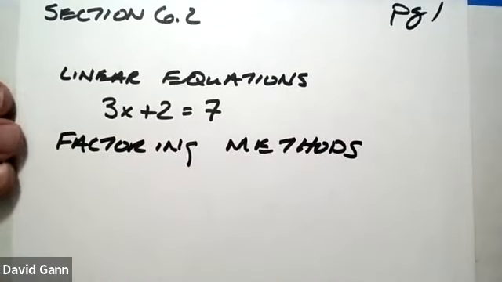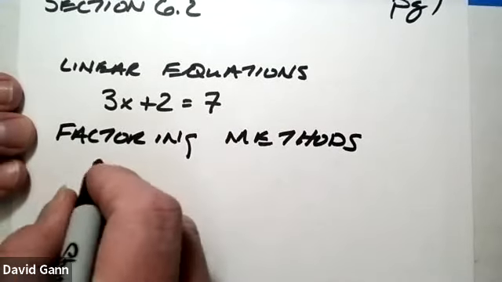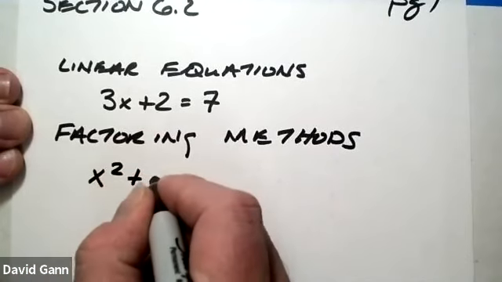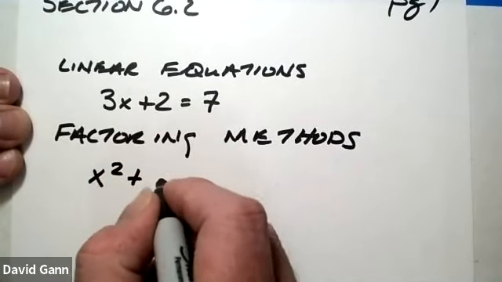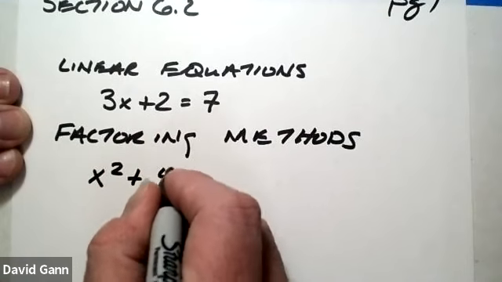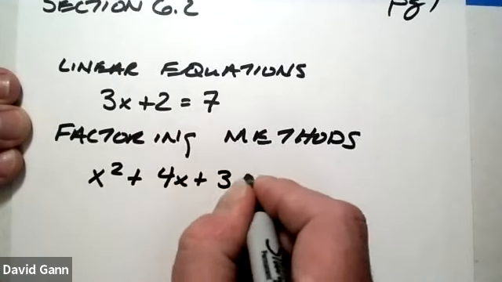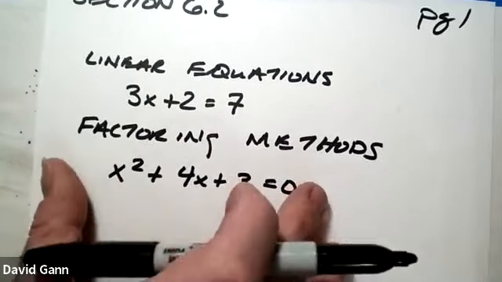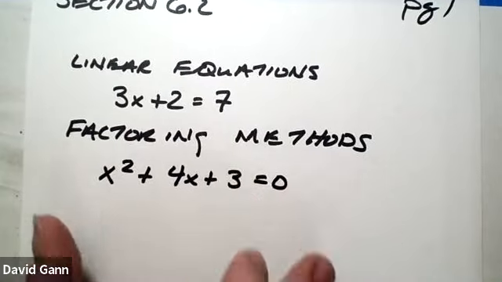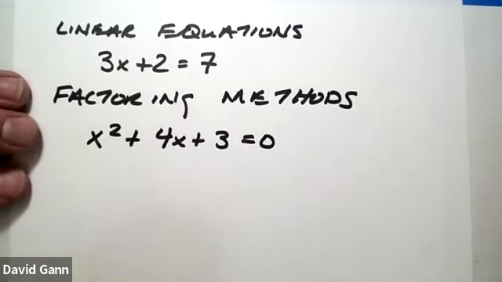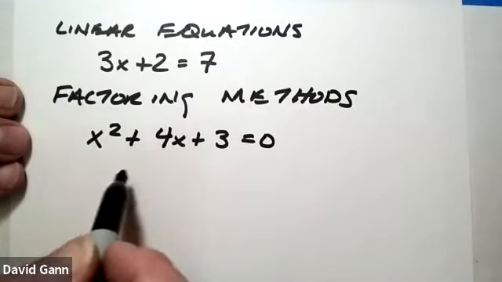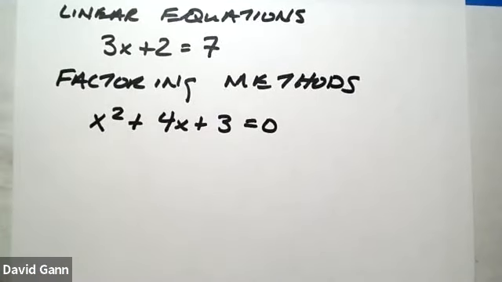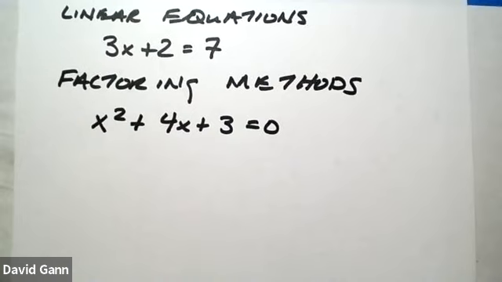This would be a situation where you have something like x squared plus 4x plus 3 equal to 0. And as you know, one of the ways to approach a quadratic is to try to factor it. But this is maybe a little more simplistic than what we're after here, because we may have mixed trig functions, for example.